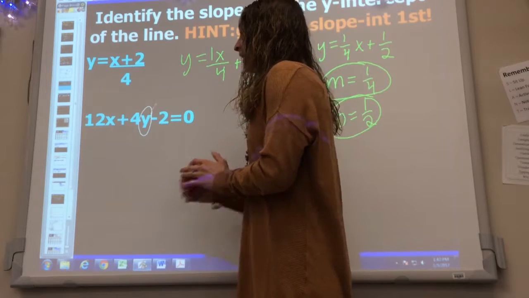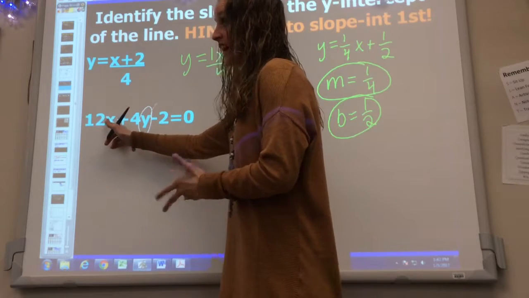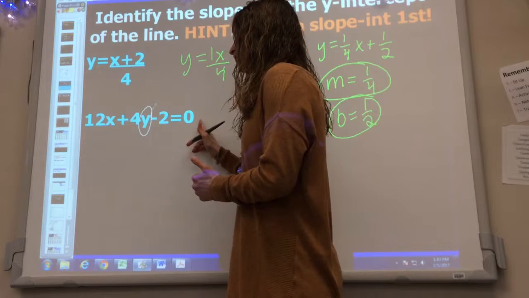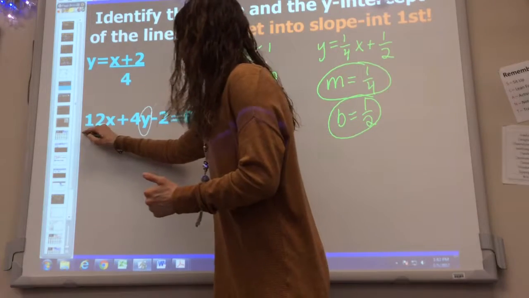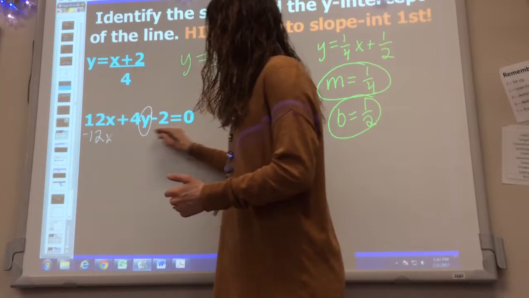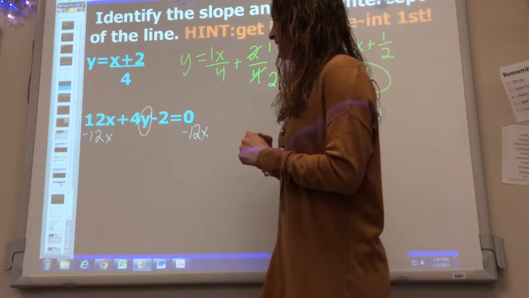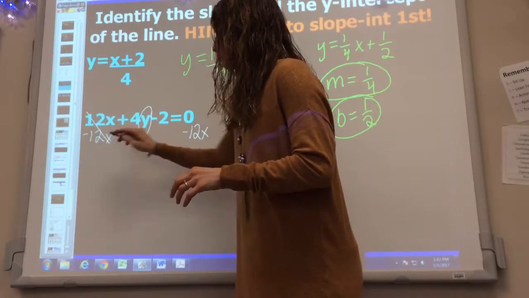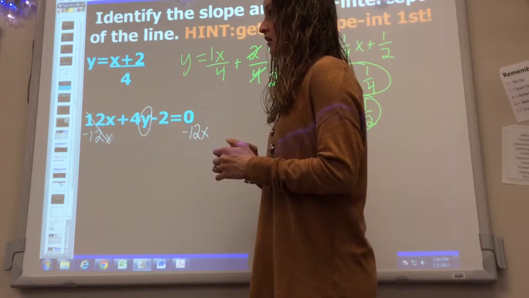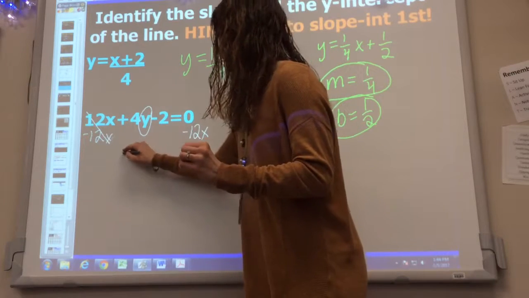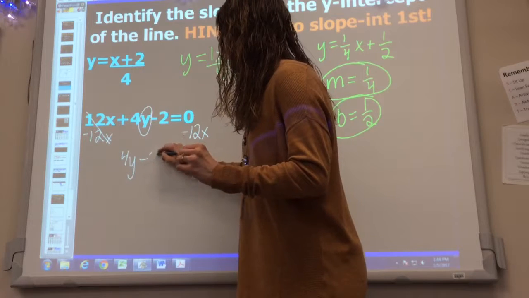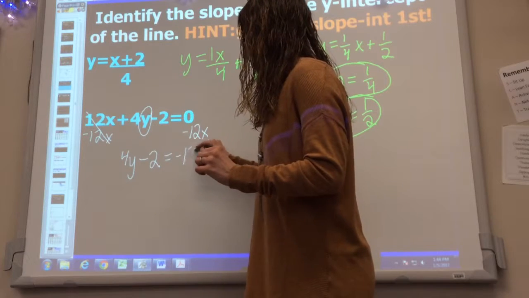Okay. And Colton already told us we have to move the x first. How can we move it to the other side? Subtract. Awesome. So we're going to subtract 12x from both sides of our equal sign to keep our equation balanced. And then when we subtract something from itself, that's going to be 0. Very good. So we're left with 4y minus 2 equals negative 12x.